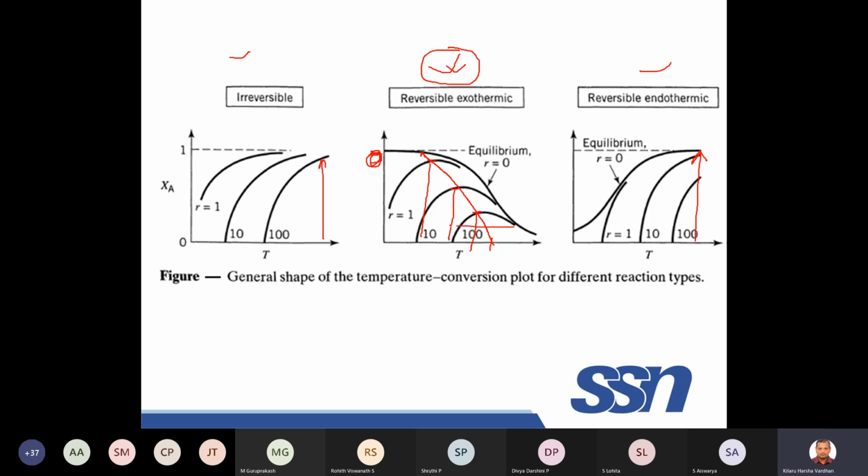High temperature will favor only less conversion. Therefore, you need to decrease the temperature in such a way that you get more equilibrium conversion, especially for reversible exothermic. Any doubt here? No, sir.